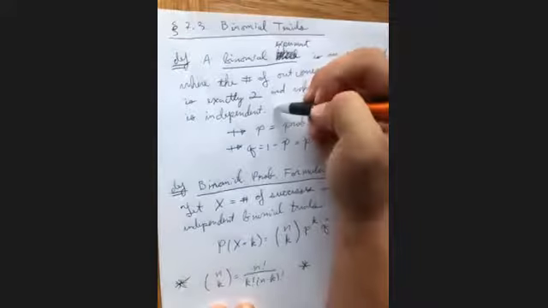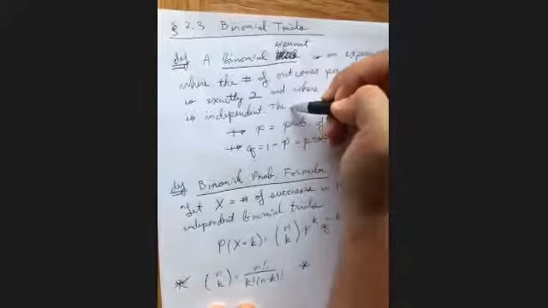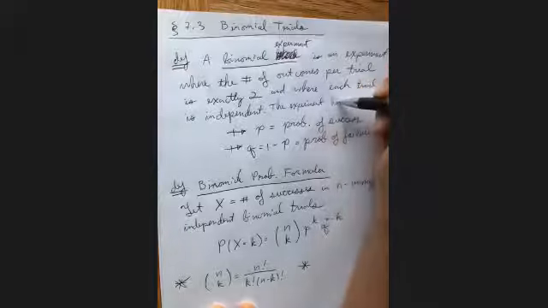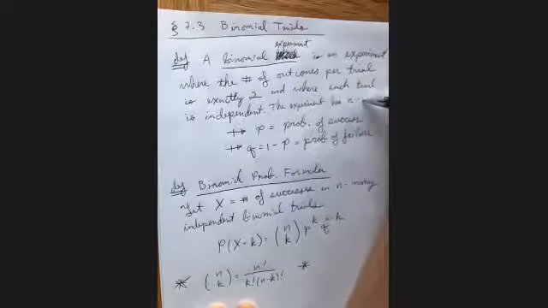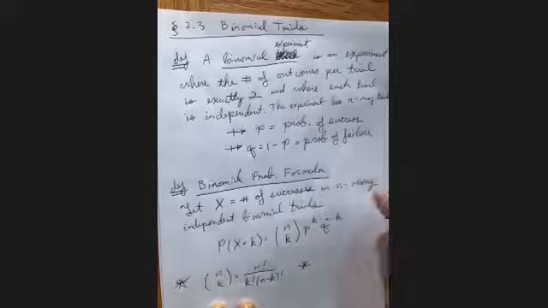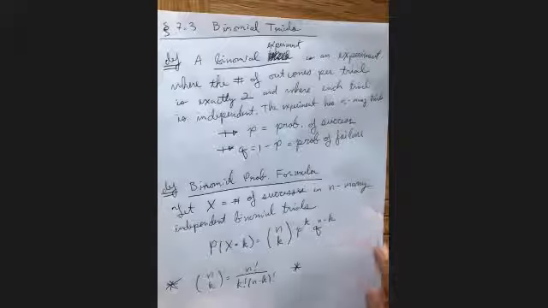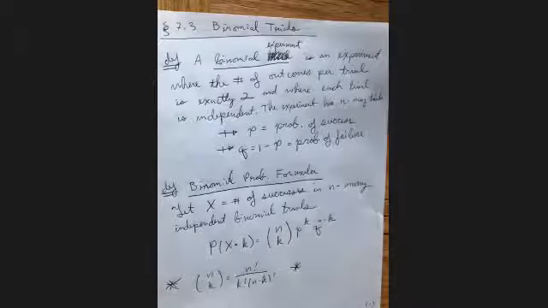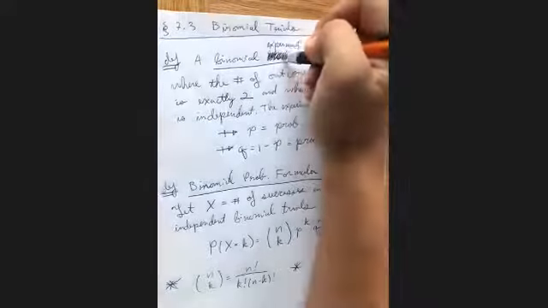The experiment consists of n many trials. So some fixed number of trials, and we're using the lowercase n here to represent how many trials there will be in this binomial experiment.